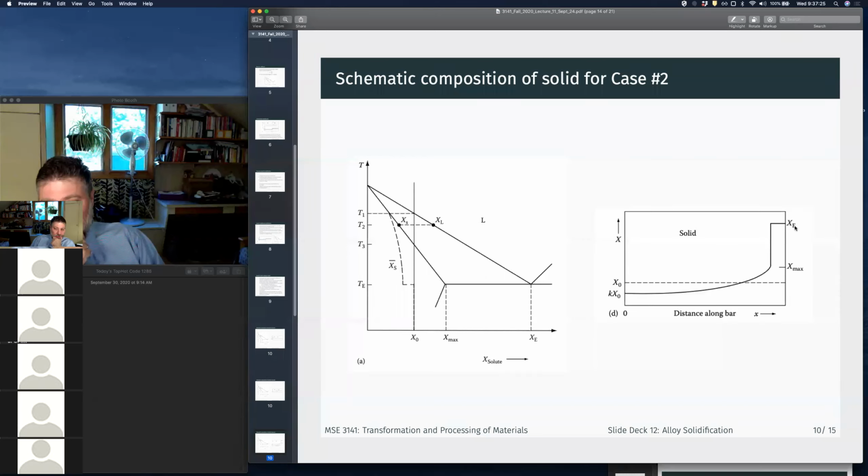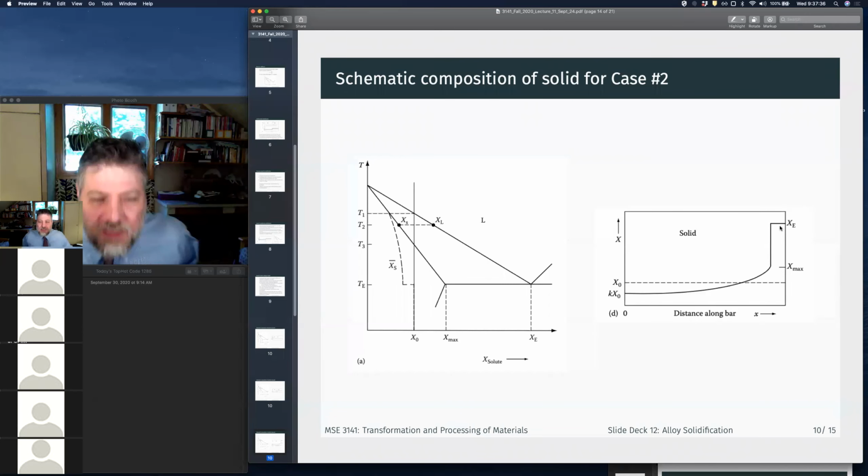All right? So this theory is actually really important for metallurgists and welders, right?